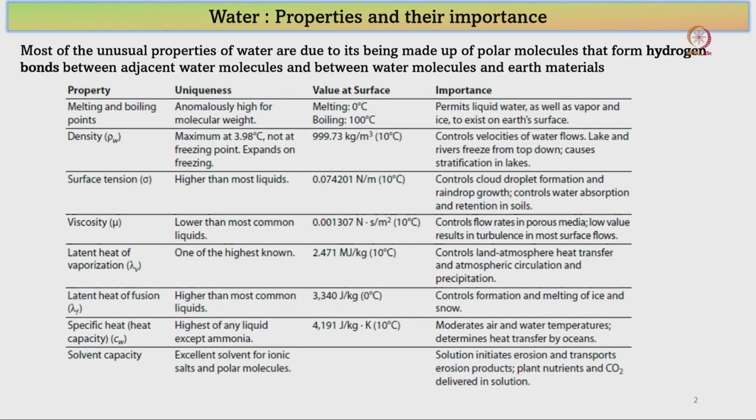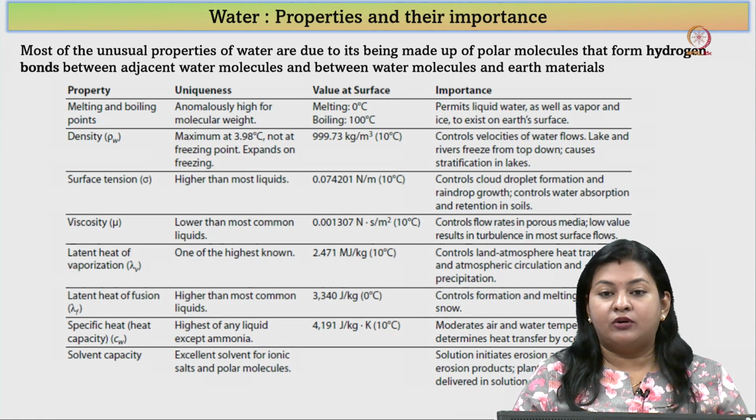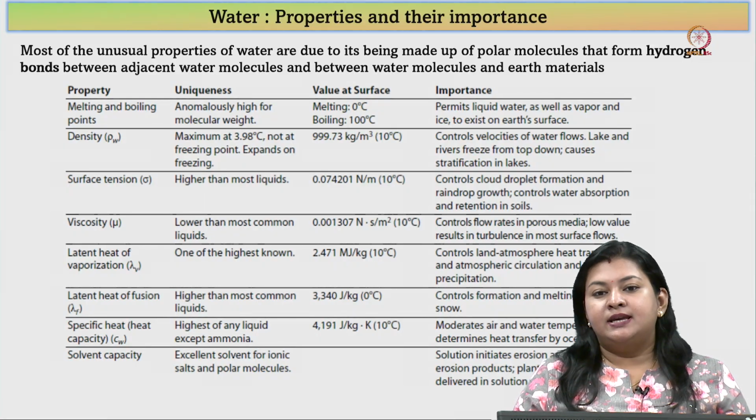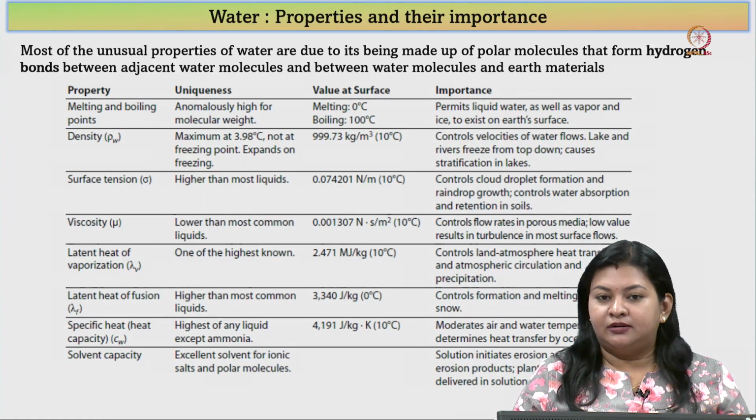To begin with the global hydrological cycle and to understand the processes, first we need to understand the properties of water and their importance. There is in no way that we can overstate the role of water in sustaining life on earth, right.